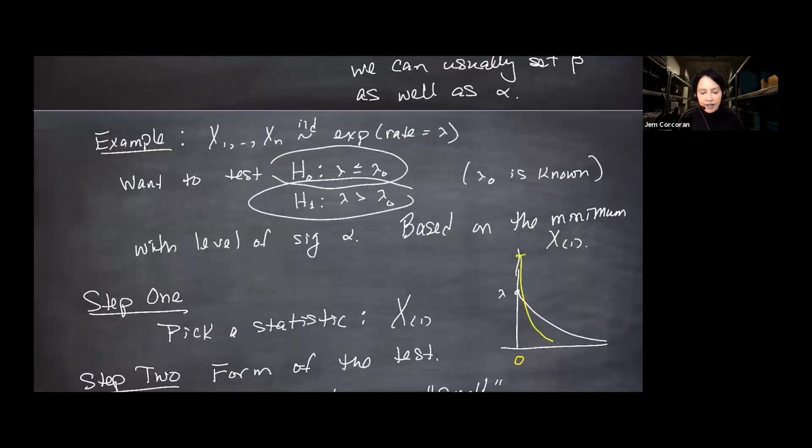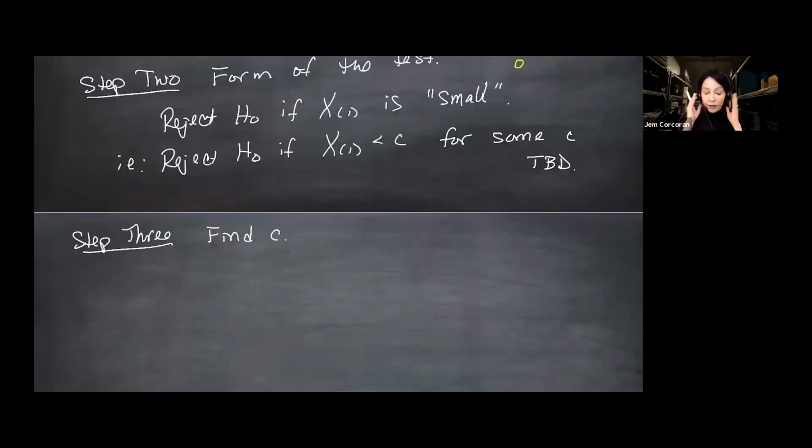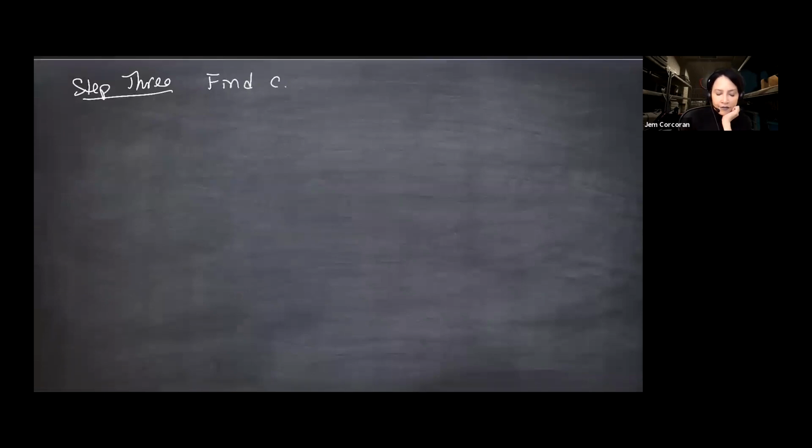And in this case, I do have a composite null hypothesis. So our alpha definitely needs that max in it, although you'll never go wrong by putting that max in it. So alpha is going to be the maximum over all of the parameters in the null hypothesis. So over all the lambdas less than or equal to the fixed lambda naught of the probability of a type 1 error.